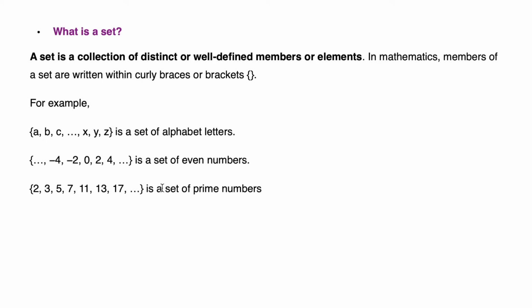We can write the set of odd numbers, suppose 1, 3, 5, 7, 9. You can write the set of odd numbers, and here we have the set of prime numbers 2, 3, 5, 7, 11, 13, 17, and so on. This is defined as a set.